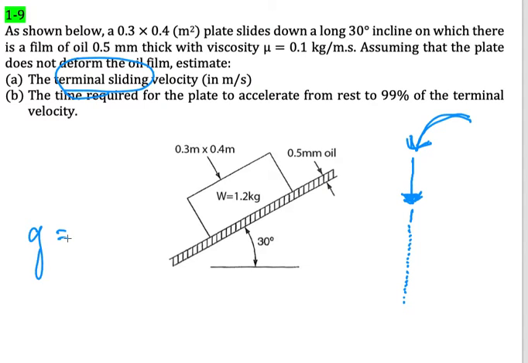Acceleration means your velocity keeps increasing, because the equation for acceleration is v2 minus v1 over time. So there must be a larger v2 compared to v1, divided by time.